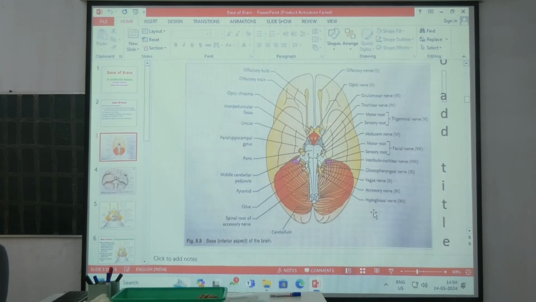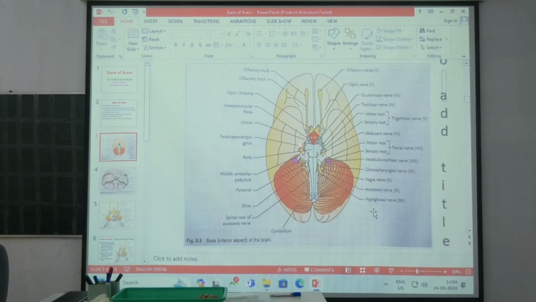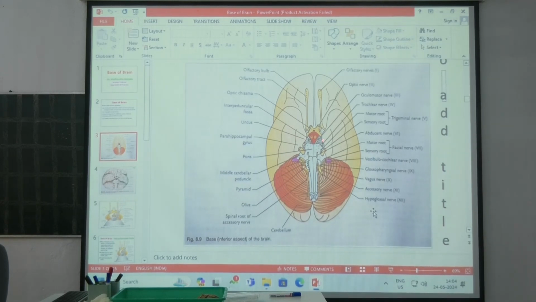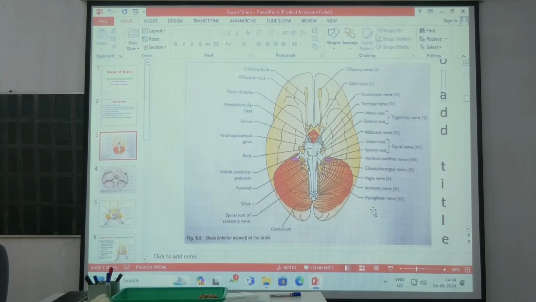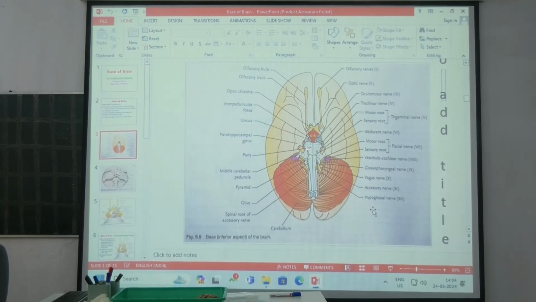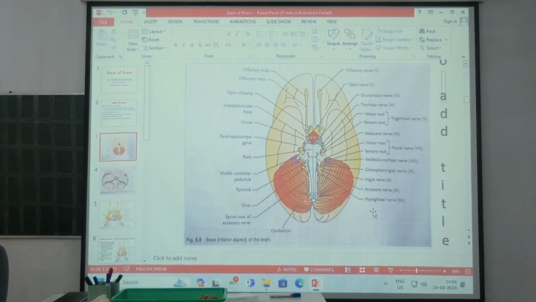See, these two are the optic nerves joining to form the optic chiasma, and here are the two optic tracts. On each side, it is bounded by the crus cerebri. This shaded area is forming the crus cerebri, and posteriorly it is bounded by the brainstem.